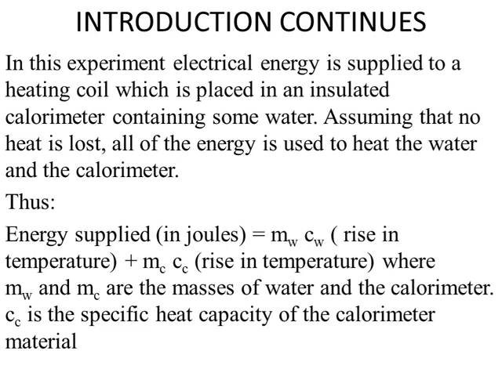So assuming that no heat is lost, assuming that you cover that container very well and there is no escape of heat from the container, it means that all of that heat energy that you supply to it through the heating process, through the electrical process, is used up by the water and the calorimeter.